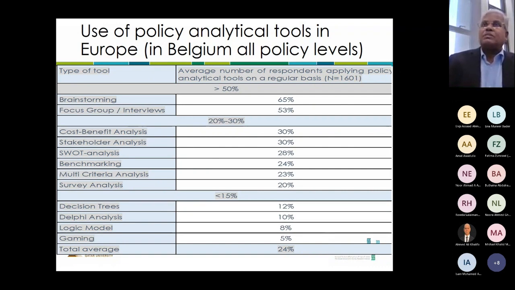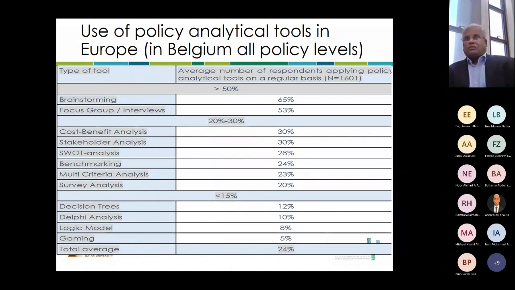The sample is 1,601. Interviews were conducted among about 1,600 policy analysts, policy makers, and policy stakeholders, asking them about the type of analytical methods they used in policy analysis and for policy making.